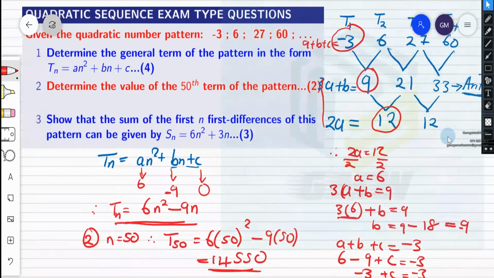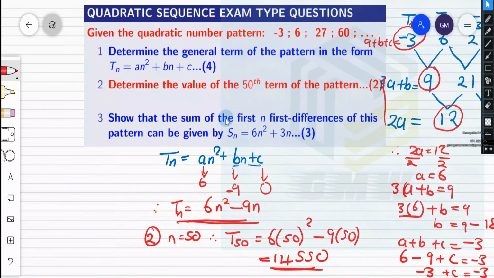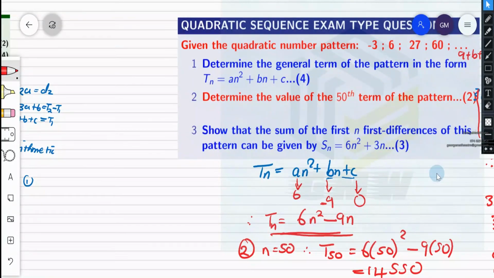So this question we can change it to say, show that the sum of first n terms of an arithmetic sequence given as 9, 21 and 33 is given by Sn is equal to 6n squared plus 3n. So we know how to calculate the sum of n terms of an arithmetic sequence.